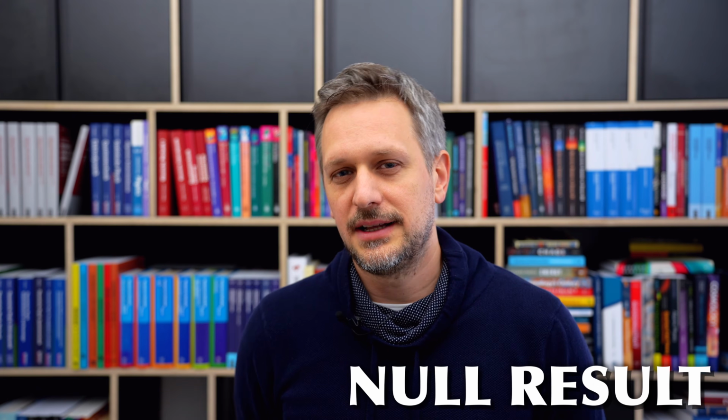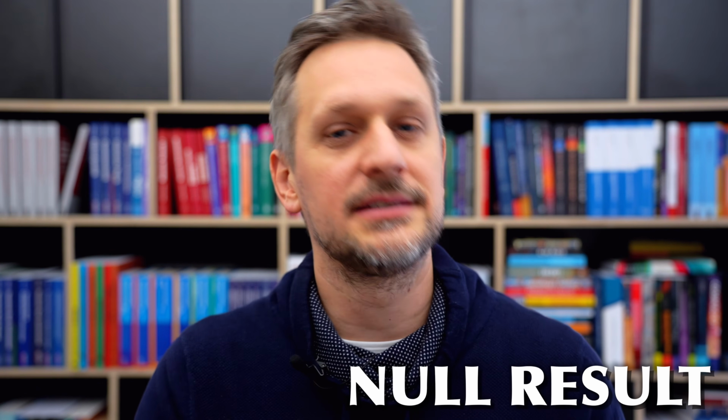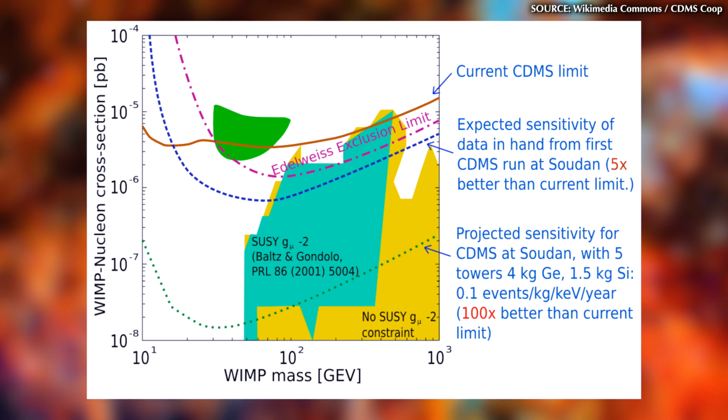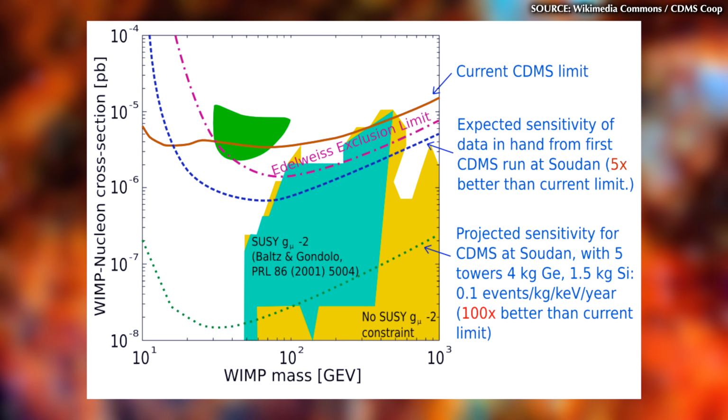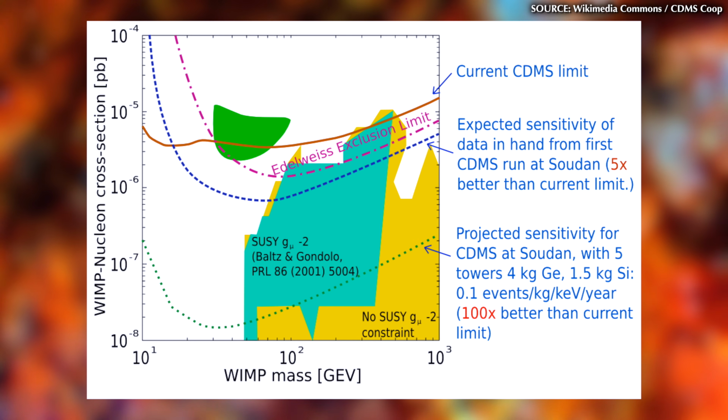To date, no experiment has found any clear-cut smoking gun result of finding WIMPs. Some signals were reported, but they could always be explained by another source or could not be replicated. Such a null result in science is not a failure though, because it tells us what we can exclude. For example, look at this graph. It basically shows the relation between the mass of WIMPs and the likelihood of interacting with normal matter, but that isn't important here.